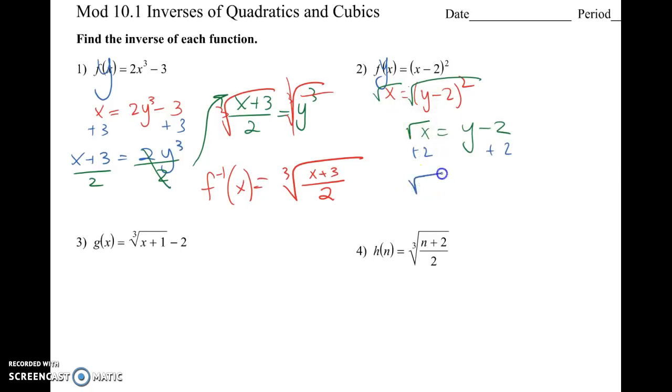Add 2 to both sides, and I get the square root of x plus 2 equals y, that's my inverse function. And there we go. For numbers 3 and 4, remember to get rid of the cube root, you would cube both sides. So once you switch your x and y, make sure you do that.